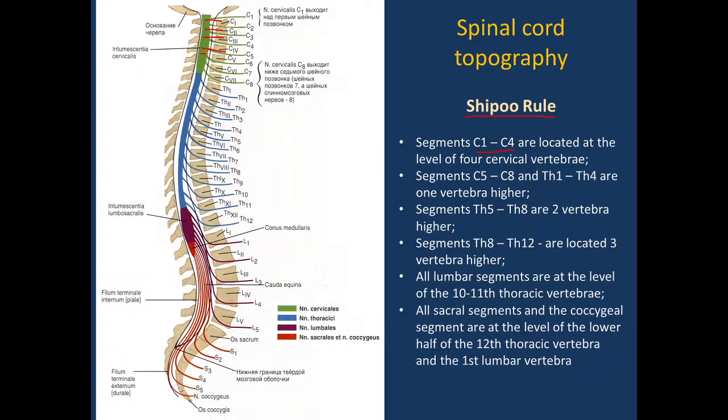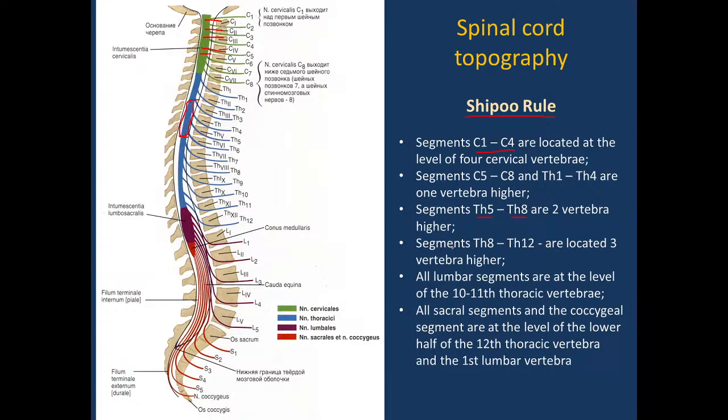Segments from 5 to 8 thoracic are located 2 vertebrae higher. It means from here to here, this part.